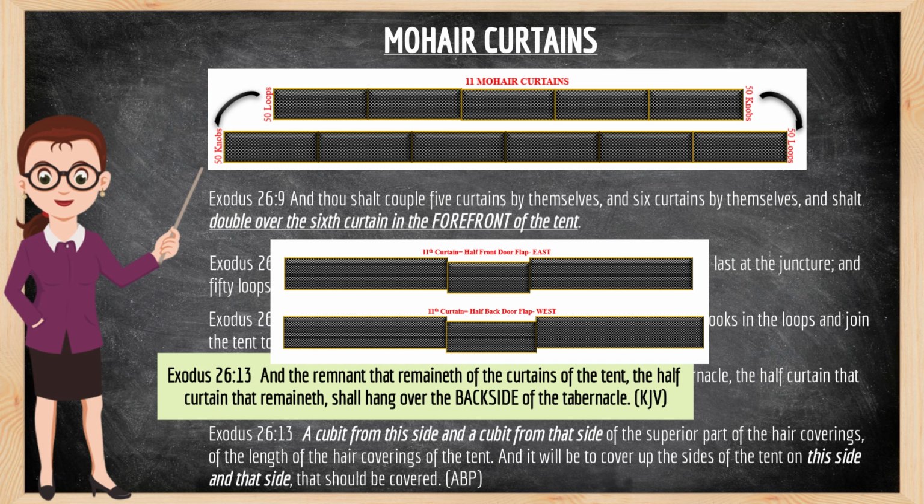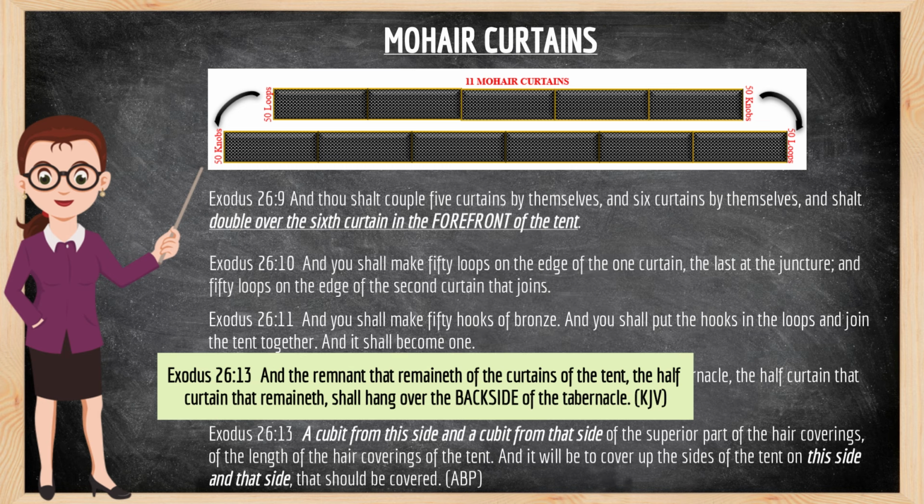So it folds over, and probably so it wasn't easily blown open, I would imagine. So this makes both sides of the curtain walls equivalent to 5 curtains each, and half of the 11th curtain for the front door and half for the back door. So we have an even amount, and then 2 halves of the curtains. Makes perfect sense on how you would want to wrap this structure.